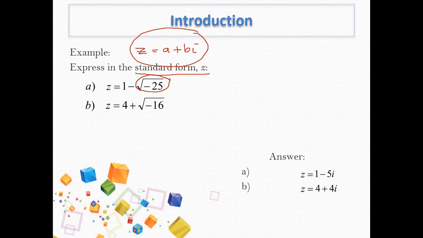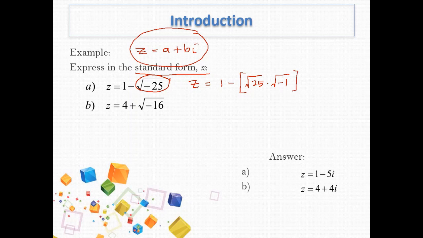So what we can do to A is rewrite this as 1 minus, in brackets, square root of 25 multiplied with square root of negative 1.